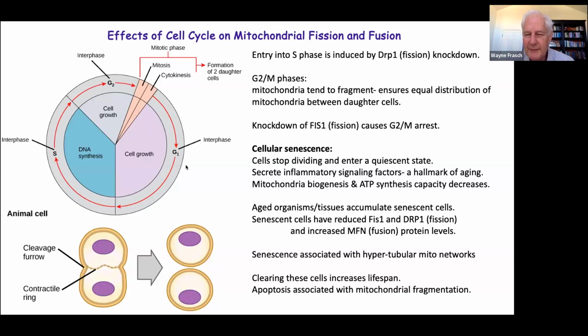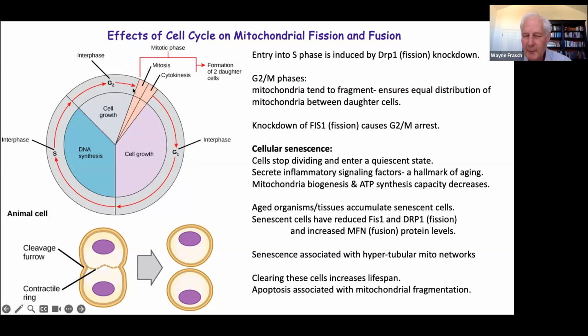It's been shown now by manipulating these proteins that the DRP1, which is a fission protein, will cause the cell to enter into the S phase over here for DNA synthesis of the mitochondrial DNA, and the G2M phase right through this part.